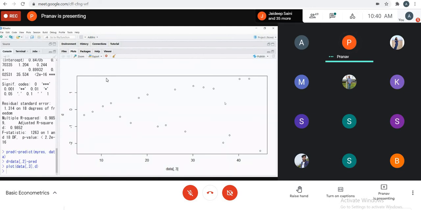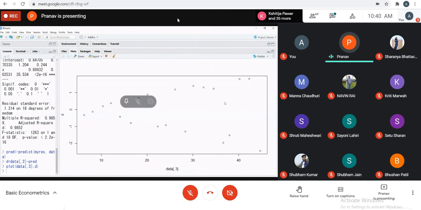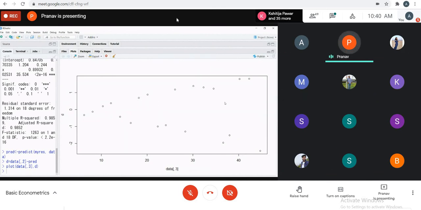So it definitely violates the assumption of homoskedasticity, as the plot suggests. It means there is presence of heteroskedasticity, but just by looking at the graph of the residuals.